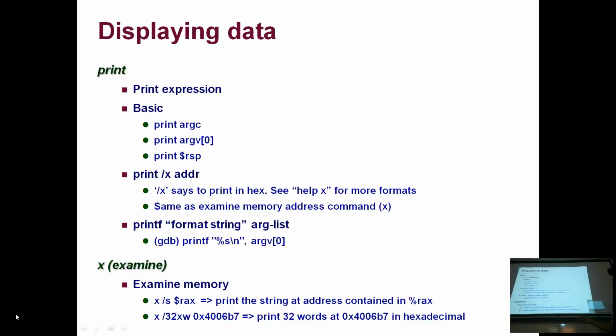If I want to print the 32 words at this address, and I want it in hexadecimal, then I can say examine 32 words in hexadecimal at that address. And you can just pass the examine command the different flags that you need to format the output that you want.